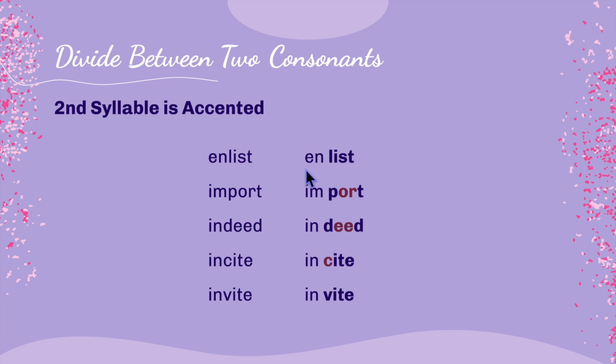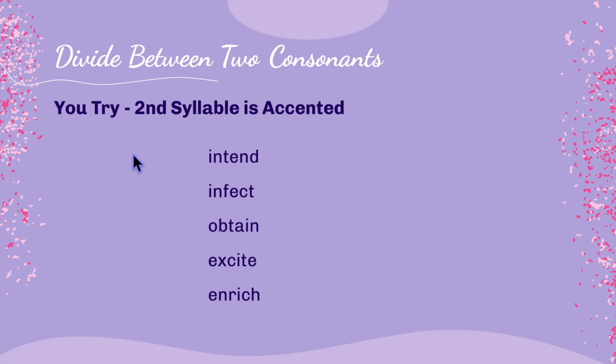Notice we don't say enlist with the first syllable accented. We say enlist, where the second syllable is emphasized and spoken a little bit louder. Import, indeed, incite, invite. I want you to try these words.